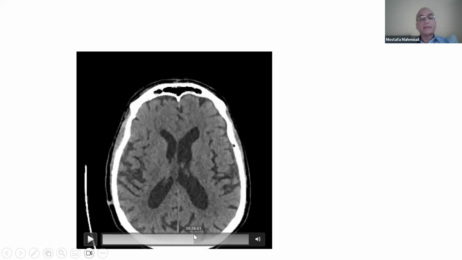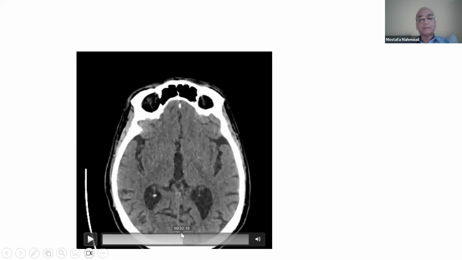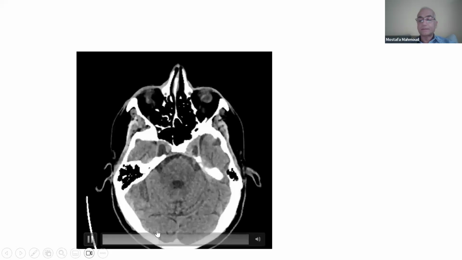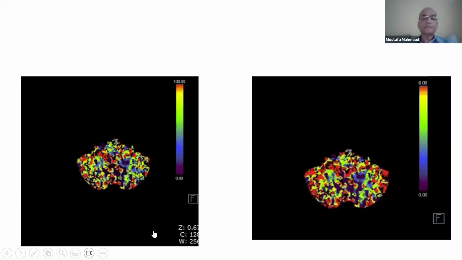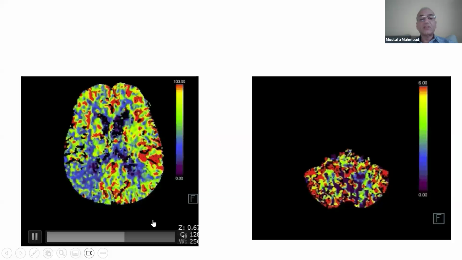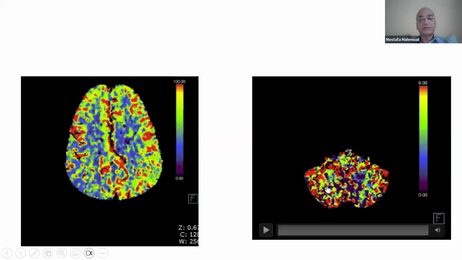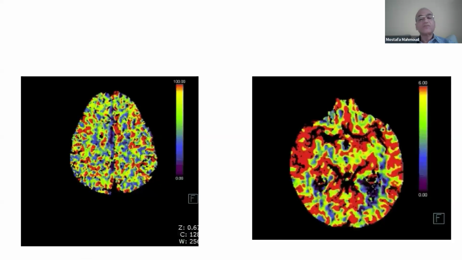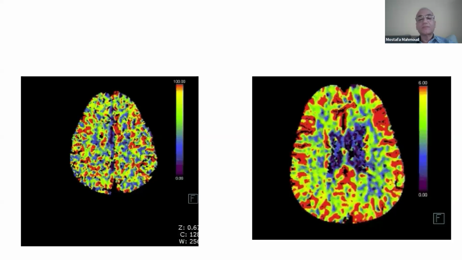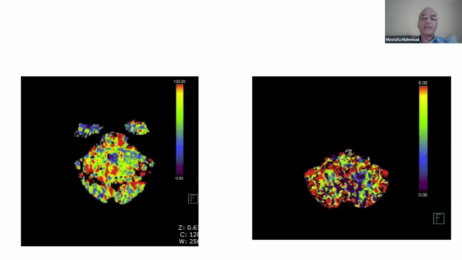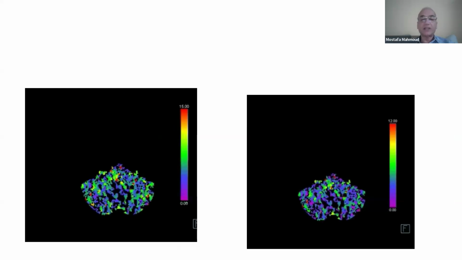Aspect is not bad. Look at the CBF, the CBV. Little bit weird. Look at the Tmax and the time to drain.